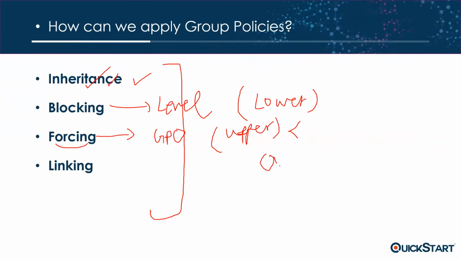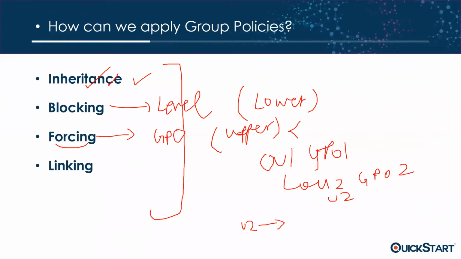So to quickly summarize, if I have GPO1 on OU1, and GPO2 on OU2, if user 2 logs on, everything is working normal. I didn't do anything. If user 2 logs on, which policy will he get, guys? Let's make it interesting. When user 2 logs on, which policies will he get looking at this picture, and in which order? That's important.